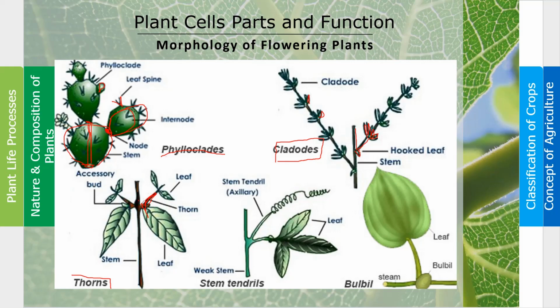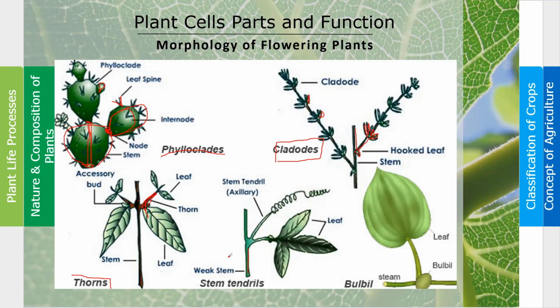And then another classification, we have the stem tendrils. Stem tendrils like in passiflora or the passion fruit, ampalaya. Okay, so stem tendrils or tendrils, they support the plant kasi nga weak yung stem ng plant, hindi niya kayang umakyat na siya lang.